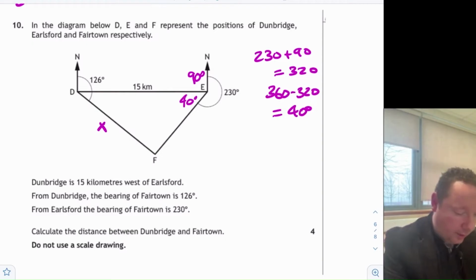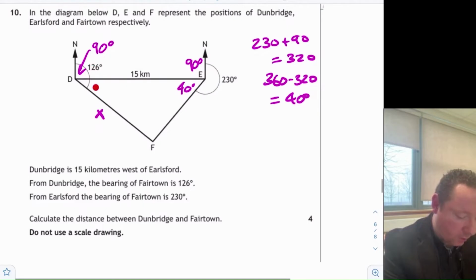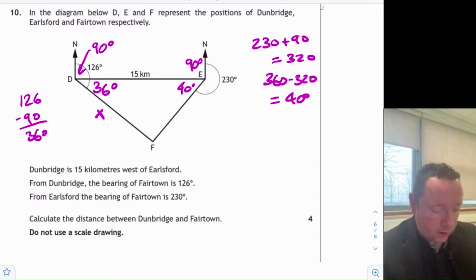On the other side, since it goes northeast, this bit also right here is 90 degrees. So that means these two add up to 126. So doing 126 minus 90, I get 36 degrees. So I've now got a second angle inside the triangle.